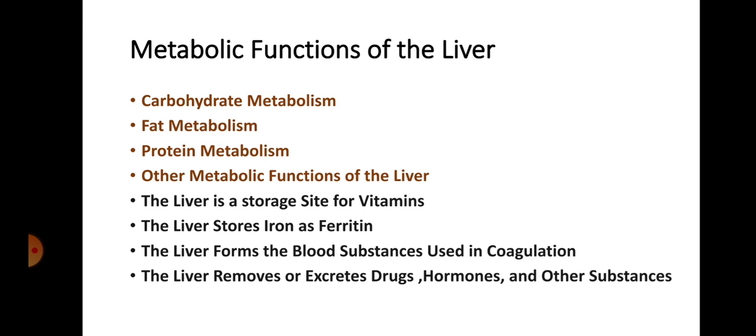Now let's talk about protein metabolism. The body cannot dispense with the liver's contribution to protein metabolism for more than a few days without death ensuing. The most important functions of the liver in protein metabolism are the following: 1.